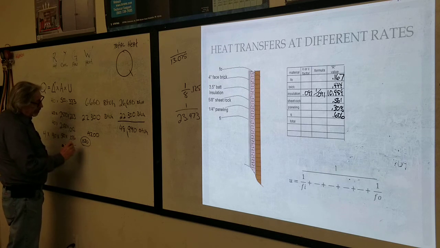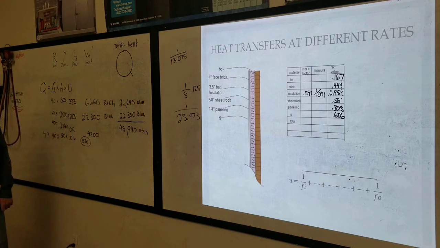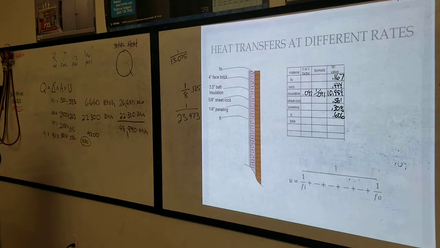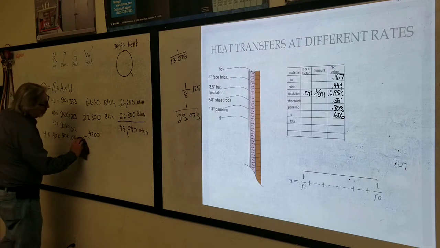Right there, so that times 4 is 6,080. So you multiply 500 times 40 times 0.076, you get 1,520, then times that by 4? Yeah, these are all BTUs.